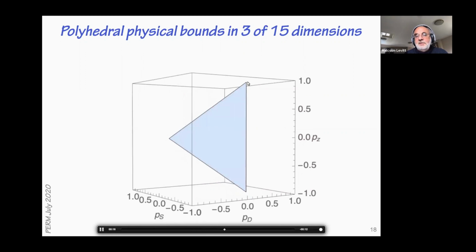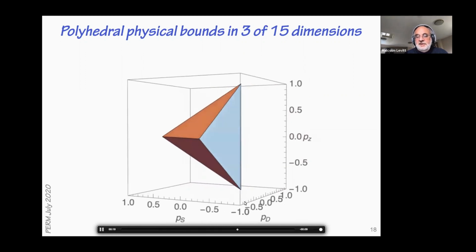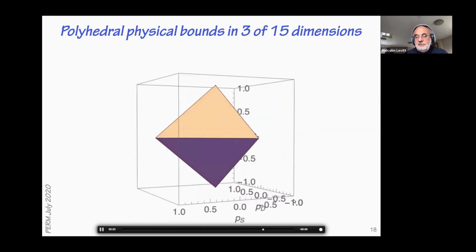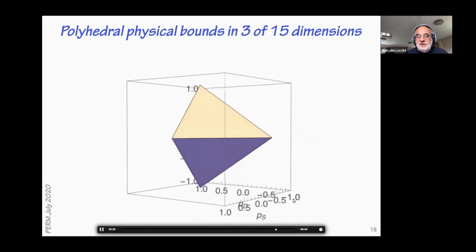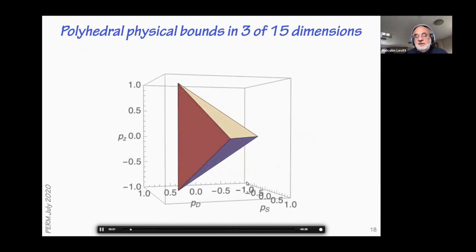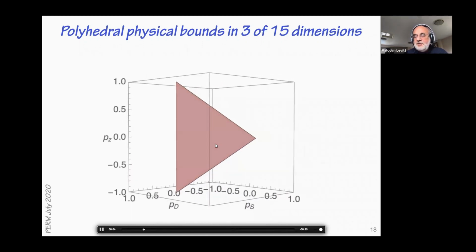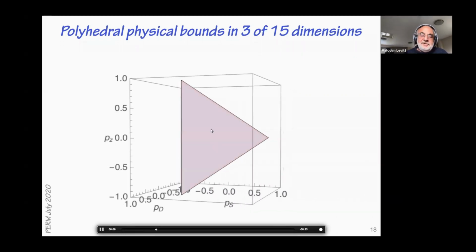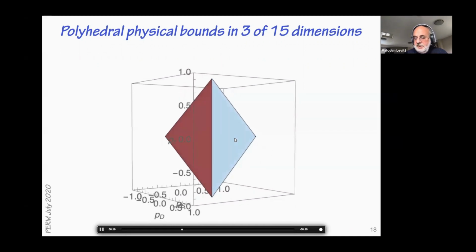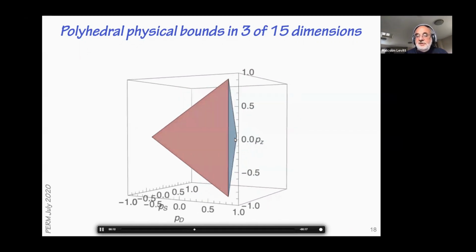So maximum polarization at the top and negative polarization at the bottom. Singlet order going left to right in this aspect. And the third axis is the rank 2 order, or here dipolar order. So the physically possible states are bounded, in fact, by this strange polyhedron in 3 of the 15 dimensions, so not a sphere at all.